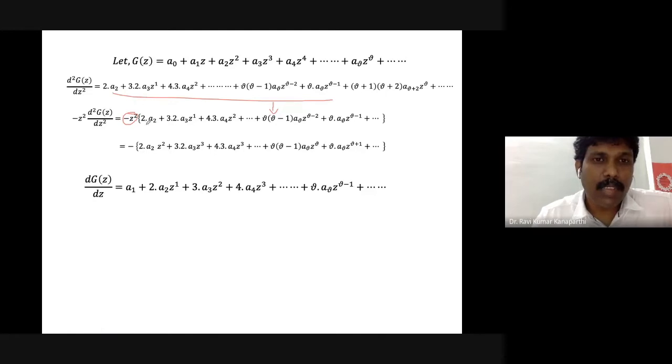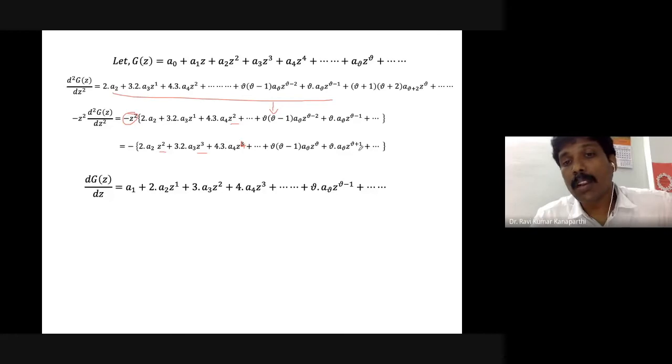So here 2 multiplied by a2, but since we are multiplying with the z square, you can write it here. Here z is there, so outside you have z square, and if you combine this and that, it is going to be z cube. And here z square is there, and then another z square, so z to the power 4. I made a mistake, please correct this: z to the power 4.